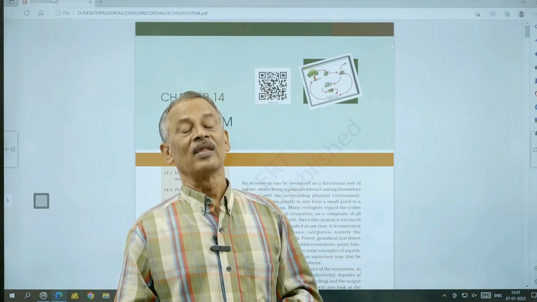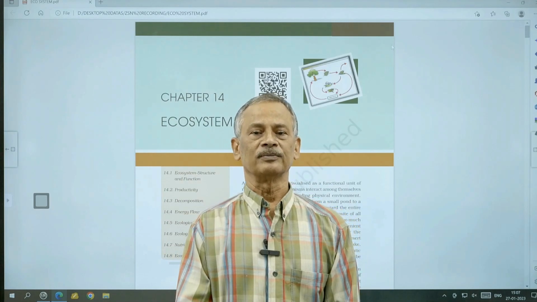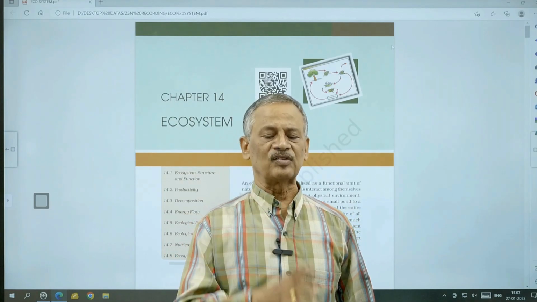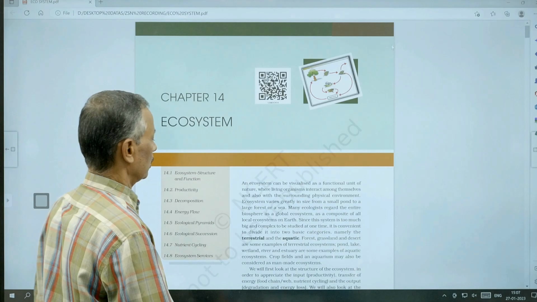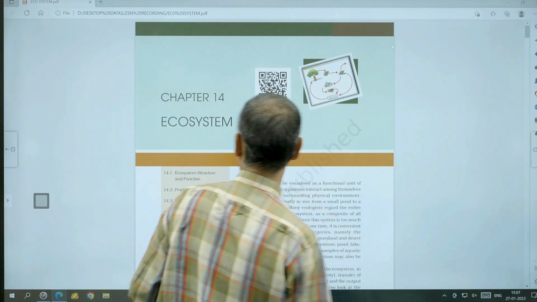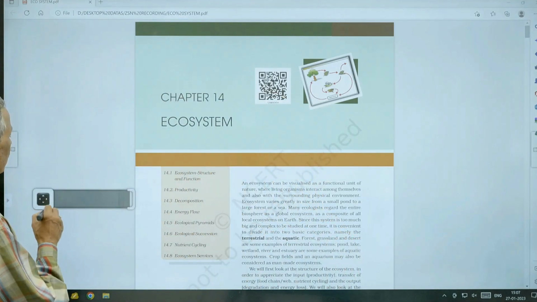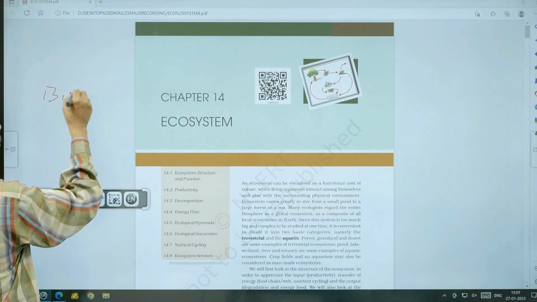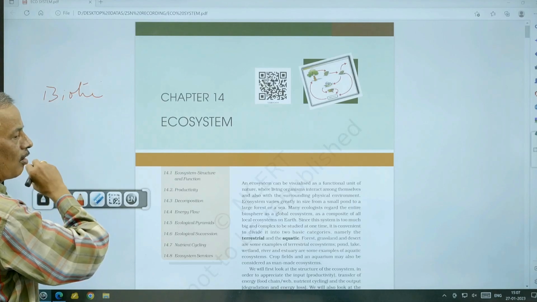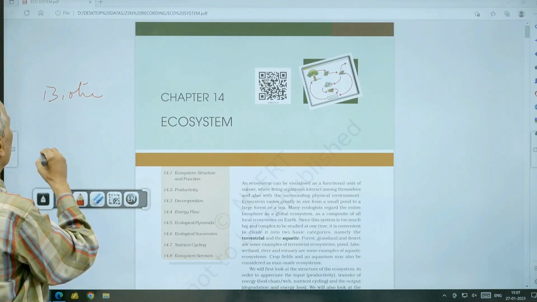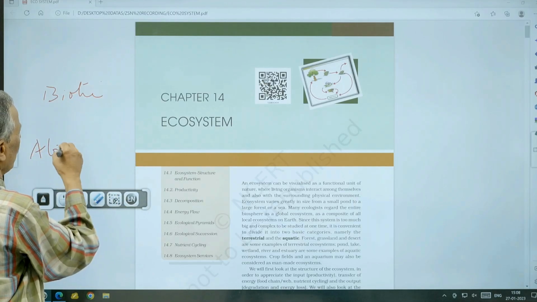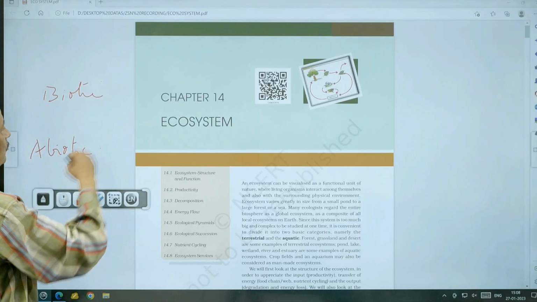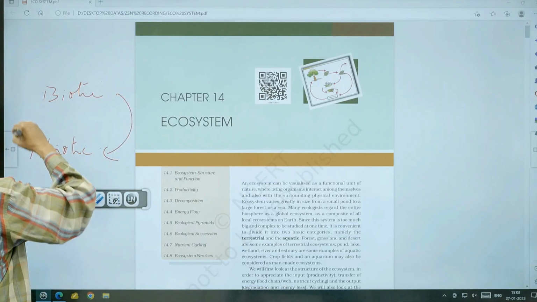Okay, so ecosystem can be defined as the smallest unit of our biosphere, which is self-regulatory, self-controlling, and dynamic unit. Okay, this consists of both biotic factors and abiotic factors. Biotic factors means all living things, and abiotic factors means non-living things.